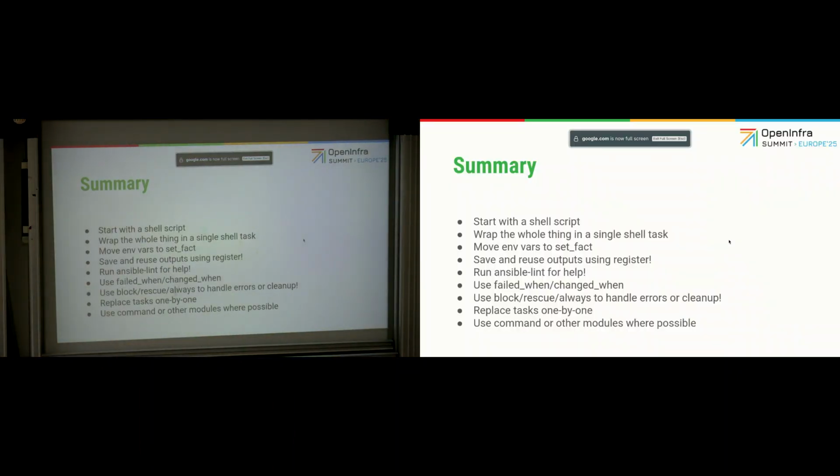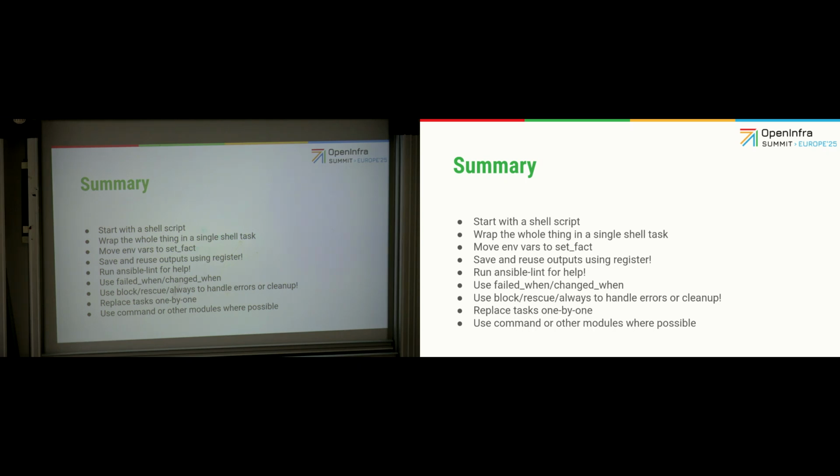So, in summary, you start with a shell script, you wrap the whole thing in a single shell task. You could be done now, but if you want to continue on your journey, move environment variables into set fact so you can reuse them again. If you have output from particular commands, save and reuse them using register.